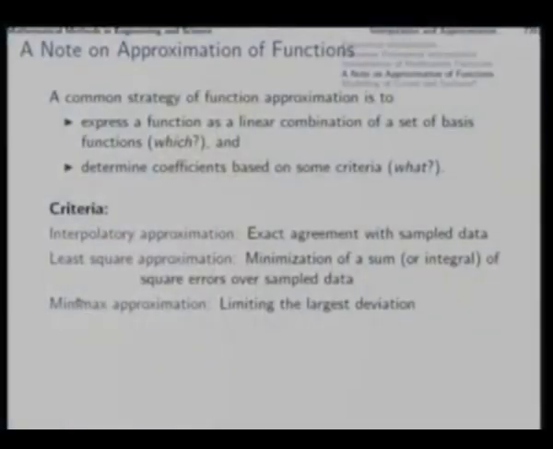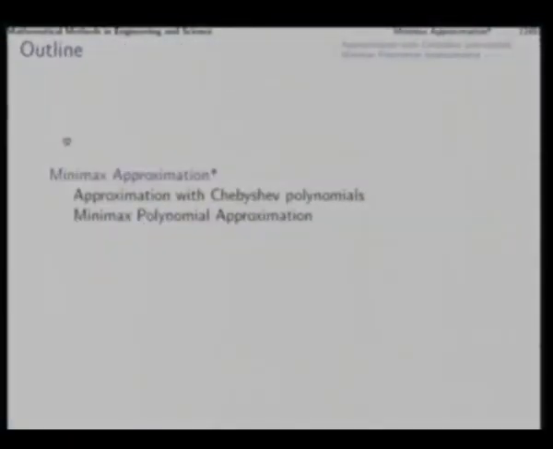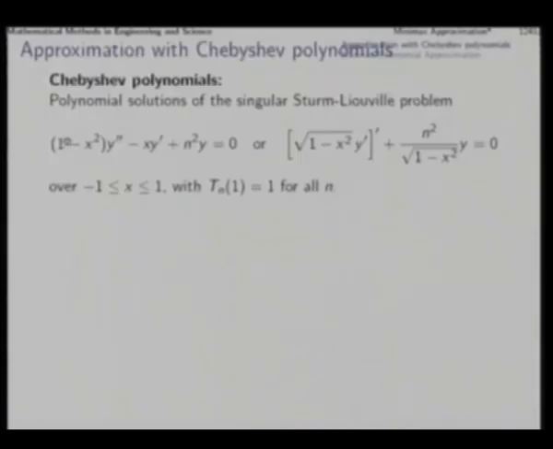Therefore, this kind of approximation is called minimax approximation, and one particular family of eigenfunctions, the solutions of the Chebyshev equation called the Chebyshev polynomials, give us specific interesting properties which are directly useful in minimax approximation. Therefore, we start this topic with a discussion of Chebyshev polynomials.